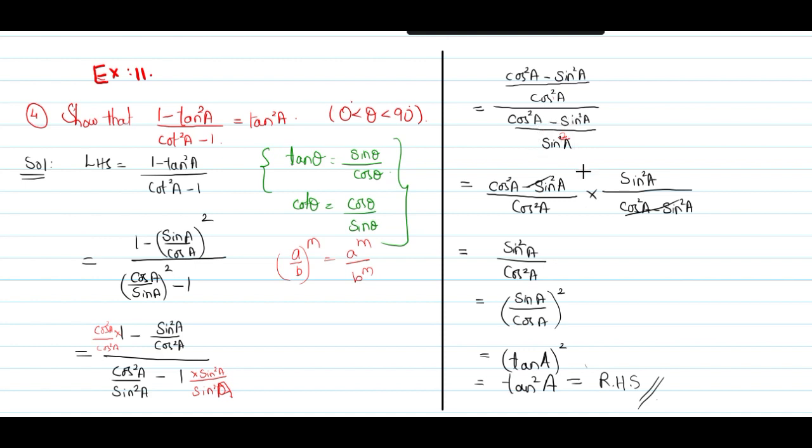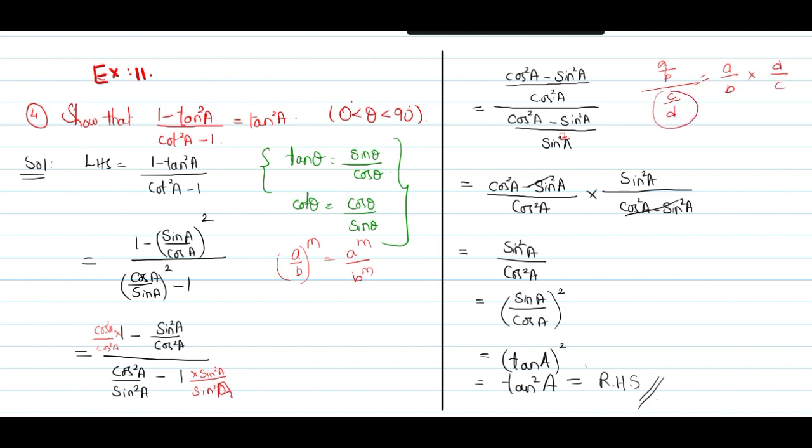What will happen to that? We will get a multiplication sign and write the inverse of it, so the denominator becomes the numerator and the numerator becomes the denominator. As you can see, (a by b) upon (c by d) can be written as a by b into d by c.